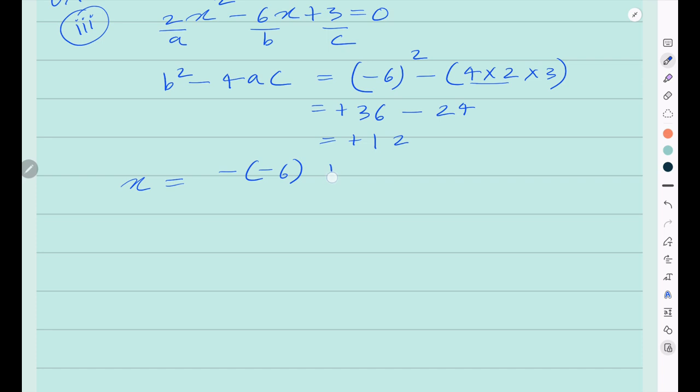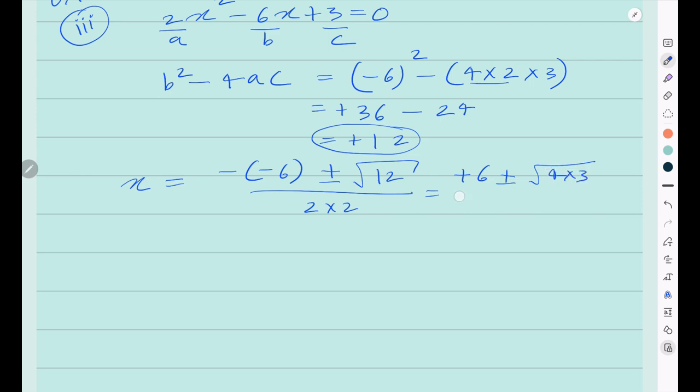And then plus minus square root of b square minus 4ac, which we have already found to be 12, divided by 2 times a. A is again 2. So here minus minus 6, that is plus 6, plus minus square root of 12. 12 is nothing but 4 into 3, divided by 4.